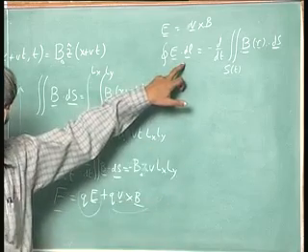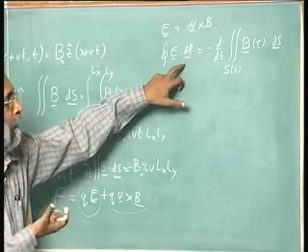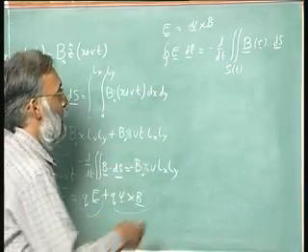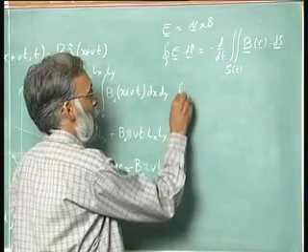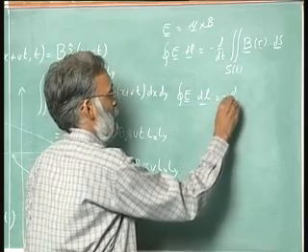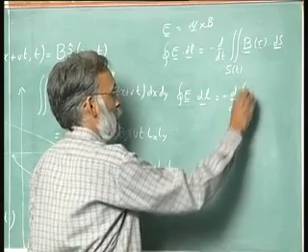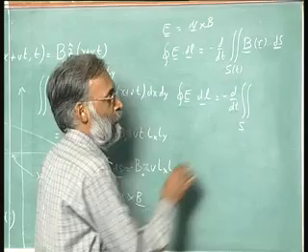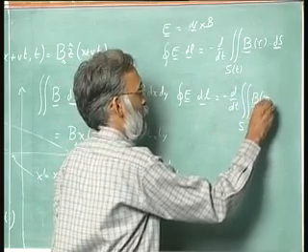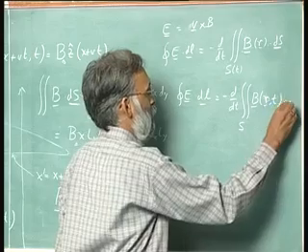That was the moving circuit in a non-uniform field. That gave me an answer, and we found that it was also equal to minus d dt of a constant surface, but now B was a function of r as well as t, dot ds.